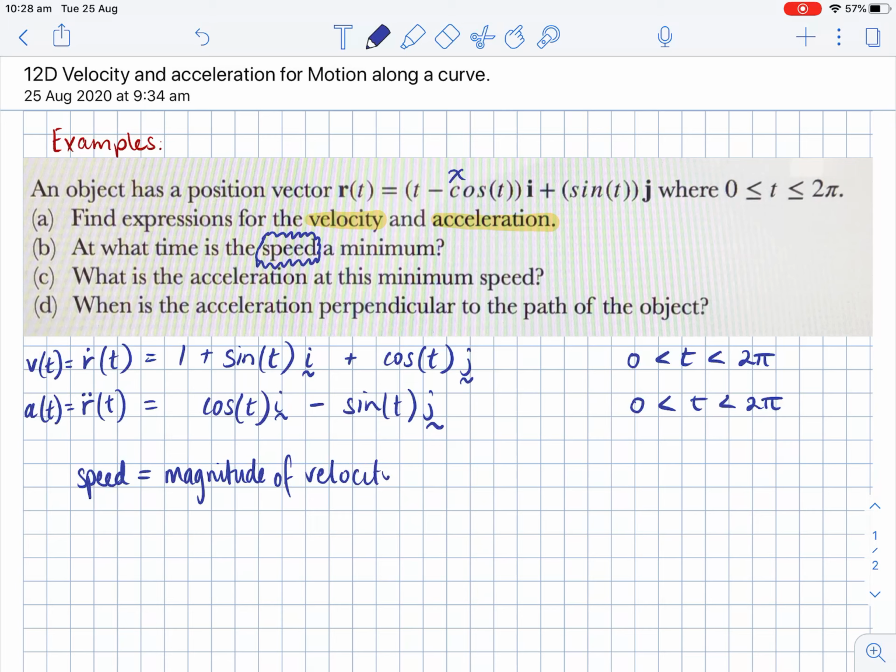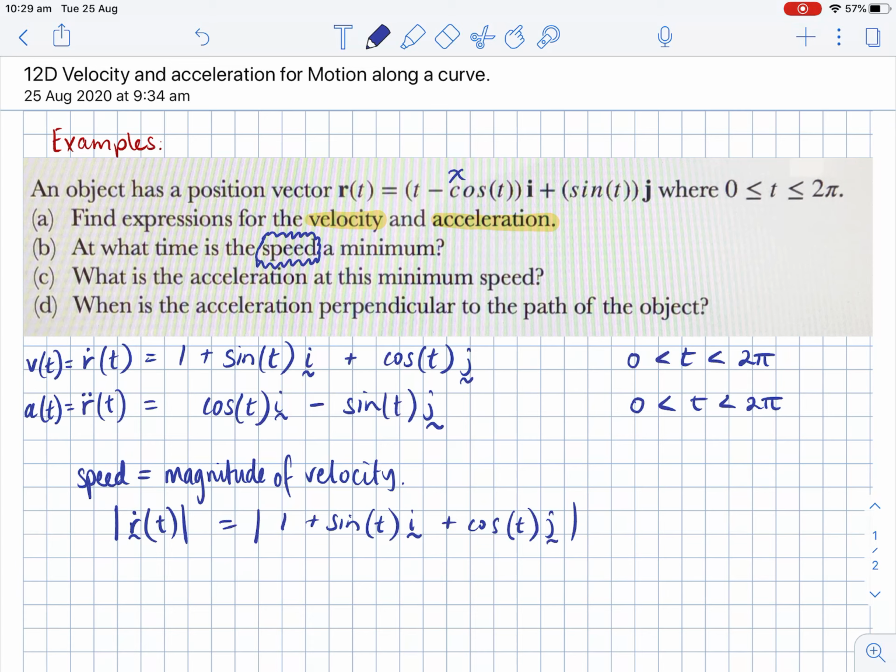And how do we write that in mathematical symbols? We can have the magnitude of velocity. Okay, so I want to find the magnitude of the vector 1 plus sine t i plus cos t j.